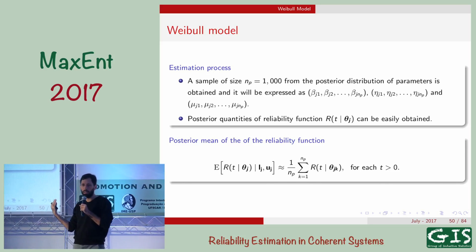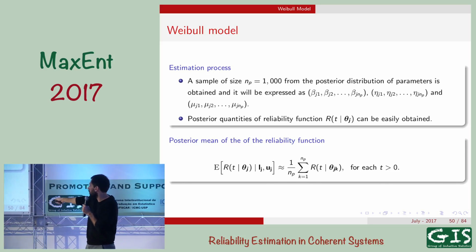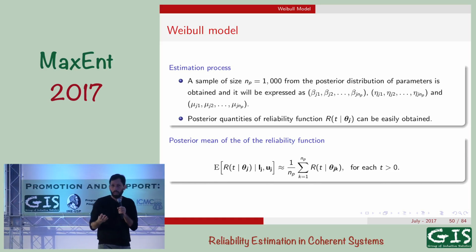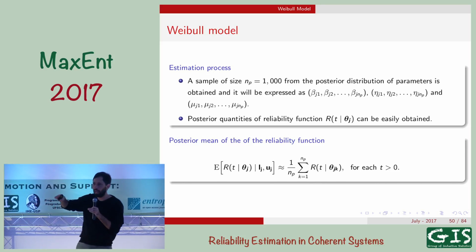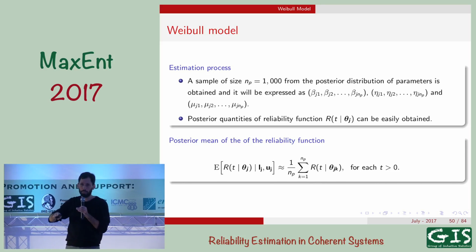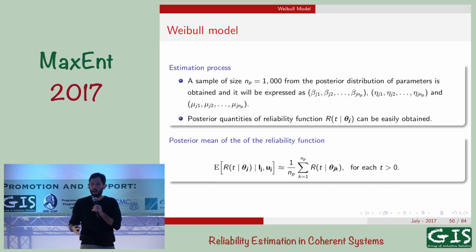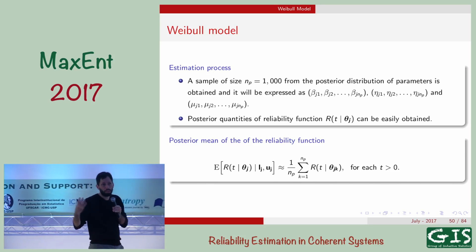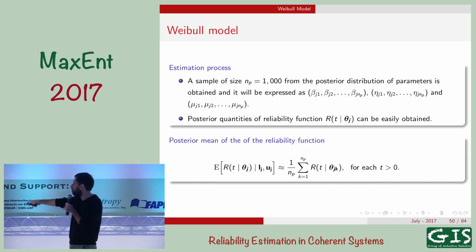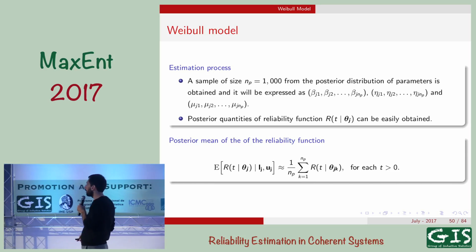Here we don't have it. And it's quite simple to do this, it takes less than 1 second to compute. So for each sample, we have a different reliability function, and then we take an average of these functions. For the average, this is not a problem, and we have a good approximation for the expectation.